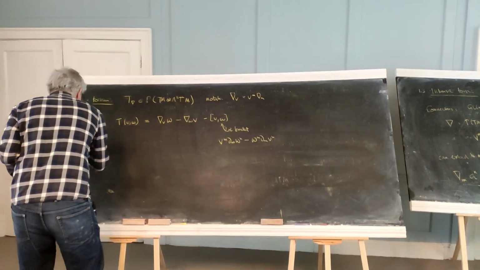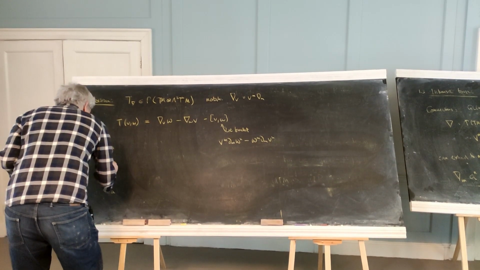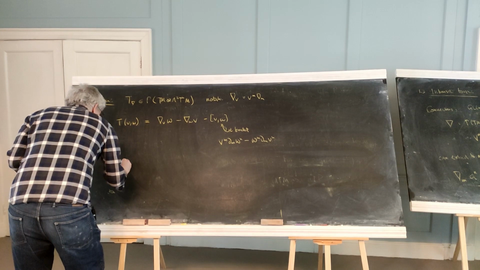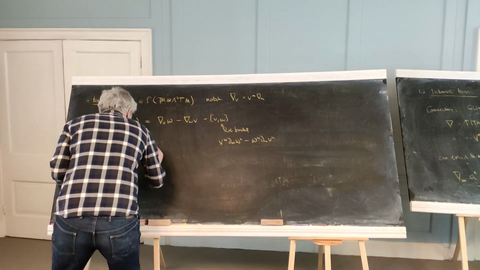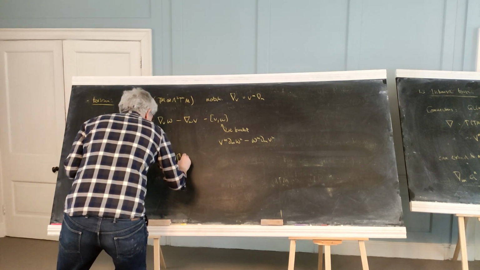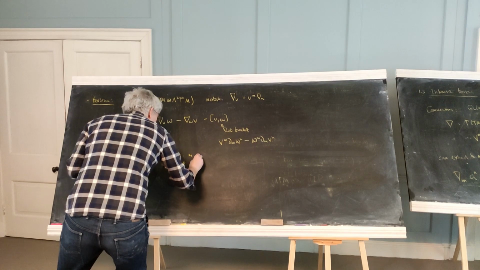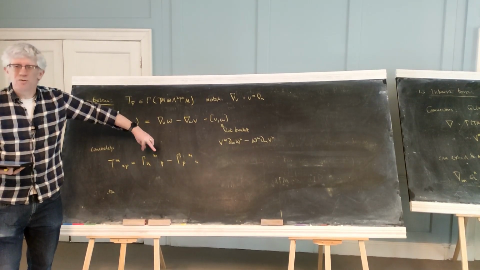Concretely, you find that this thing, T^m_{np}, is just gamma^m_{np} minus gamma^m_{pn}. So it takes the gamma and anti-symmetrizes on the bottom two indices.